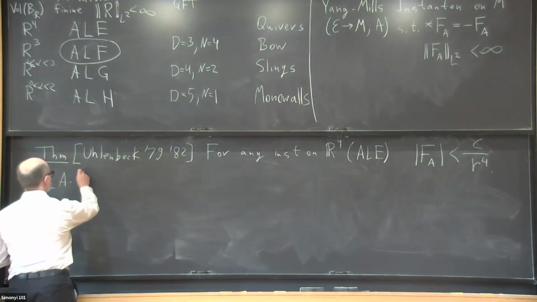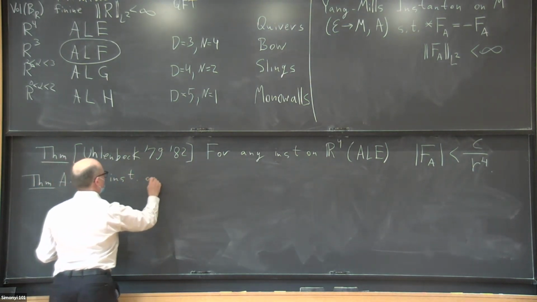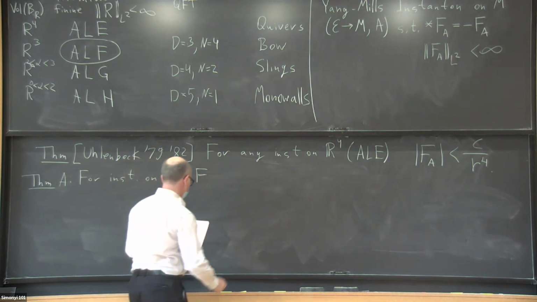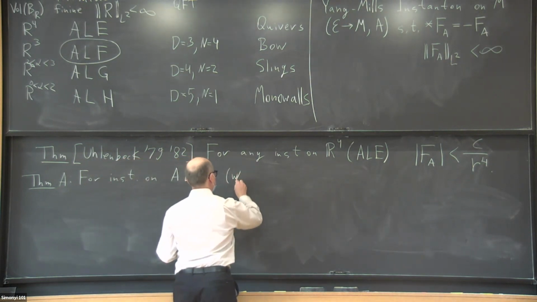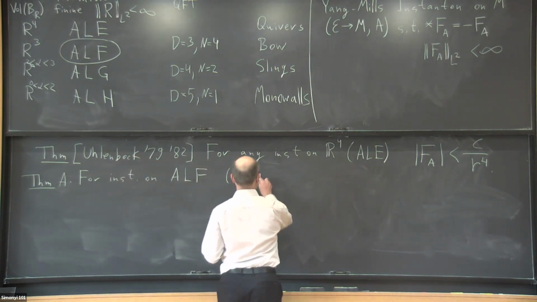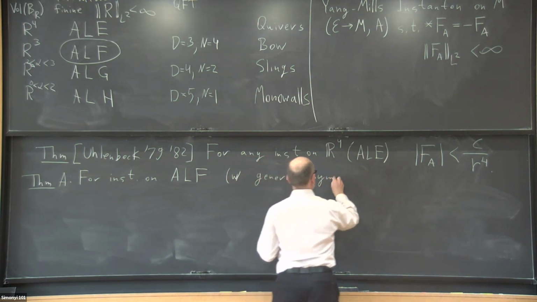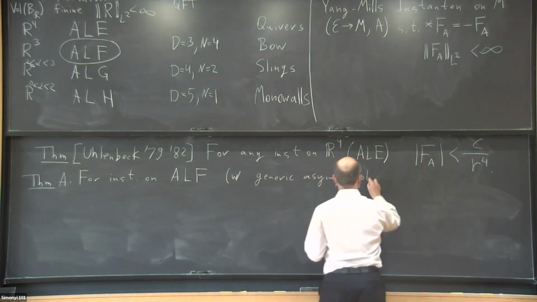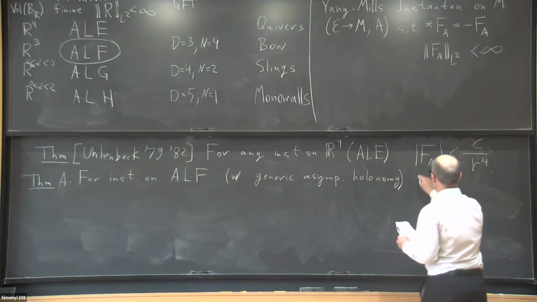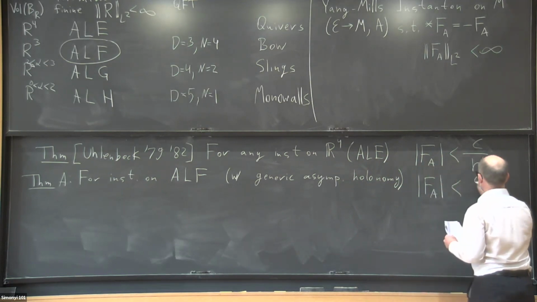So for instantons on any ALF space, there is one technical assumption, which I'll explain in a second, with generic asymptotic holonomy. Curvature decay is quadratic.